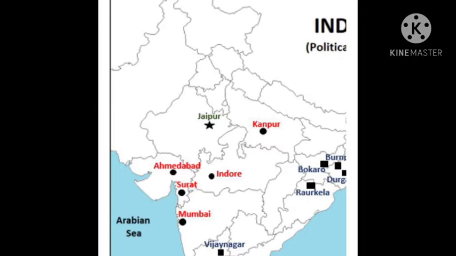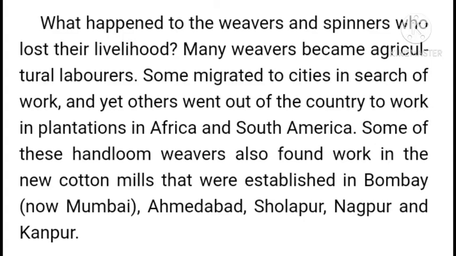Some migrated to cities to work in the new cotton mills of Bombay, Ahmedabad, Sholapur, Nagpur, Kanpur, etc. Some of them went out of the country to work in plantations in Africa and South America.